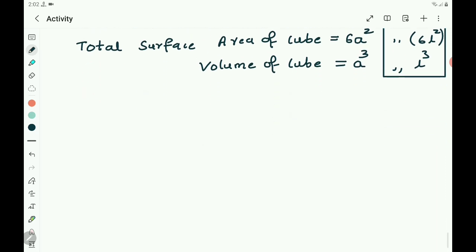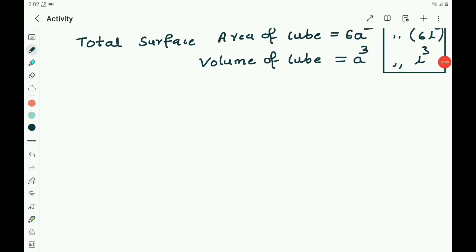The next one is, then you take the cuboid. What is cuboid? Cuboid is a solid with 6 rectangular faces.